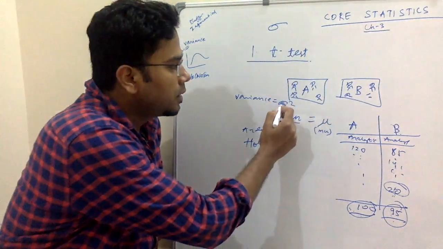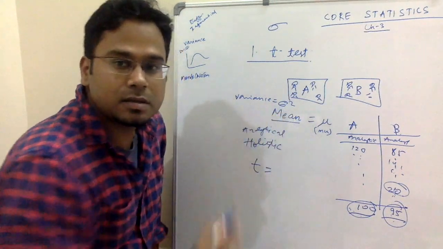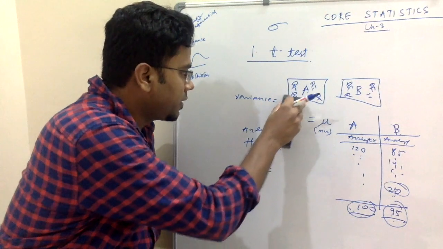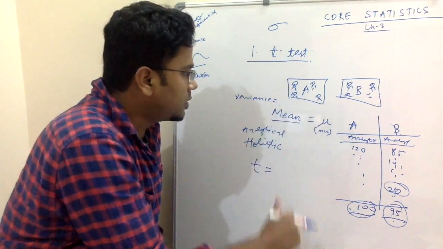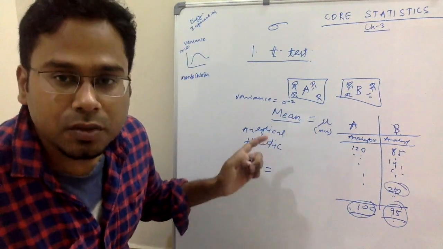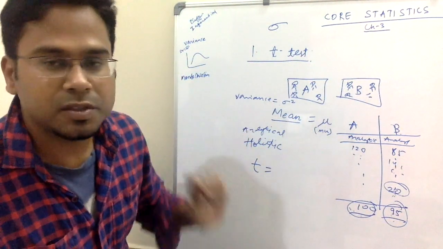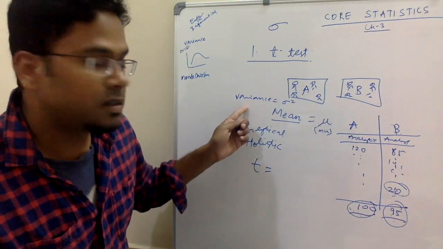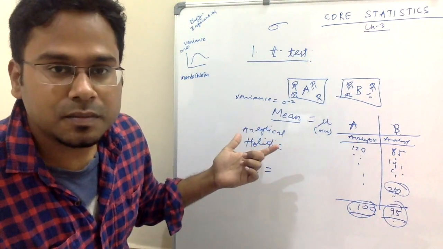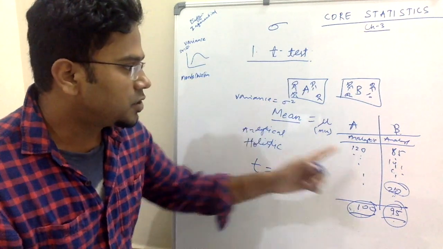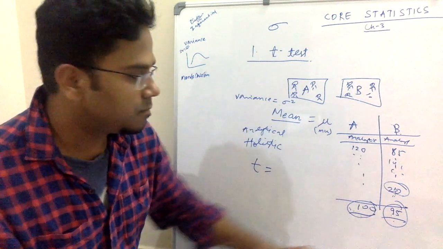I'll write it properly for the people who are not aware of such terminologies. Variance, denoted by sigma square, is a measure of extremeness. So extremeness within the data will be measured by this.